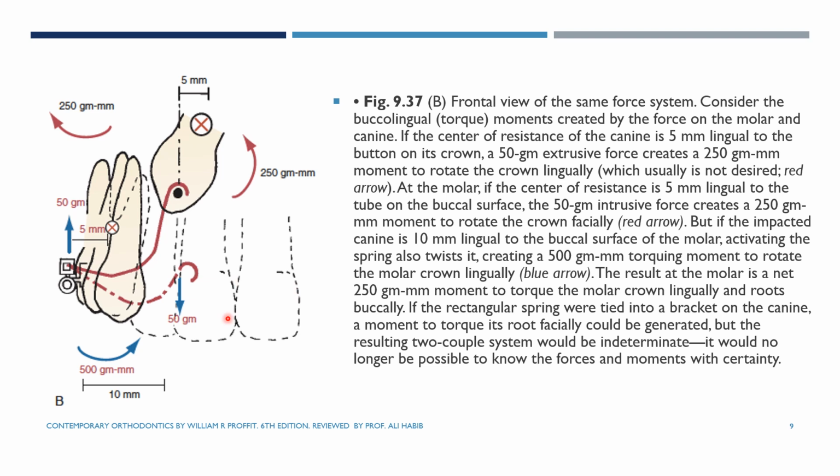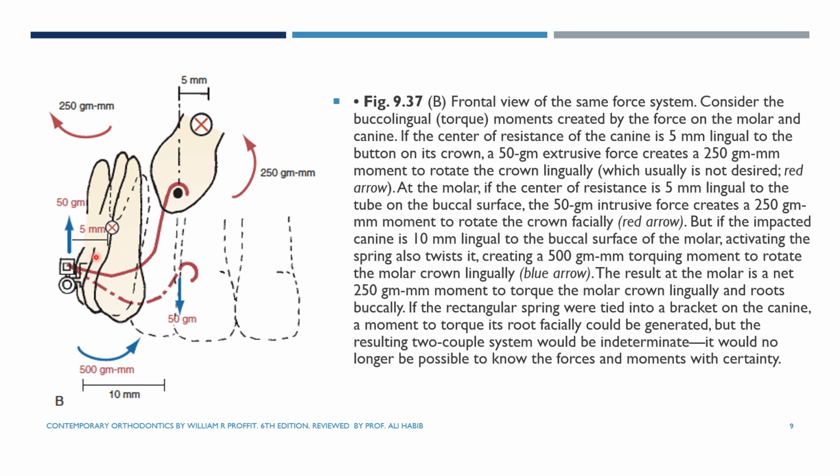If you look at the system from the frontal view, looking at the cross section of the system, you can see that when we applied only the 50 gram force upon activation, the 50 gram intrusion force is away from the center of resistance by 5 millimeter, here he measured it 5 millimeter.